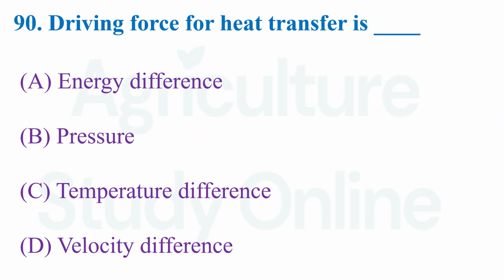Question 90. The driving force for heat transfer is, so it is temperature difference. We know that heat always flows from a higher temperature region to a lower temperature region, meaning the greater the temperature difference, the faster the heat transfer. And it is based on the modes of heat transfer. For example, conduction.